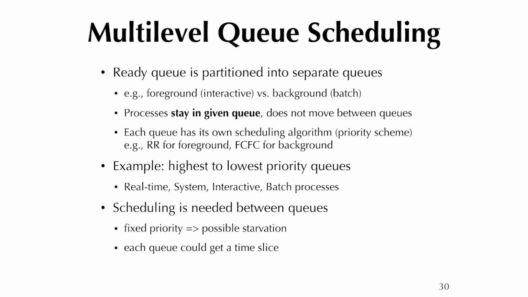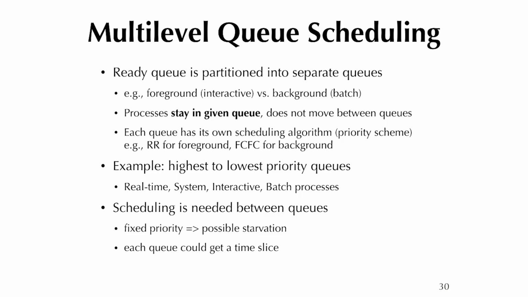Now, multi-level queue scheduling is a way to separate your ready queue into different queues. For example, we could have one for foreground, one for background. Foreground could be doing interactive work. Background could do batch work, like loading, uploading, downloading, saving to disk, and all that.